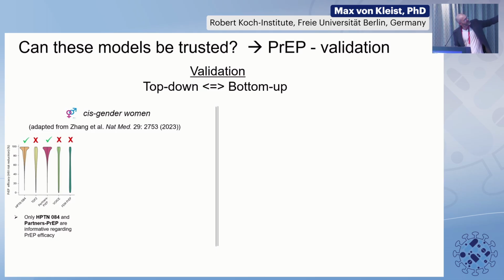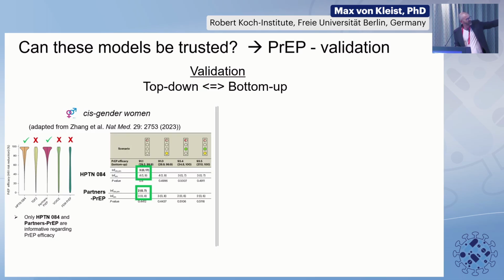We first modeled this for cisgender women, looked at the clinical top-down data, what efficacy we would expect and how many individuals would be infected if we simulate these trials, and we compare this to the observation. That fits quite well. This is bottom-up modeling with different data sets, and it gives us a little more security that what we do makes sense.